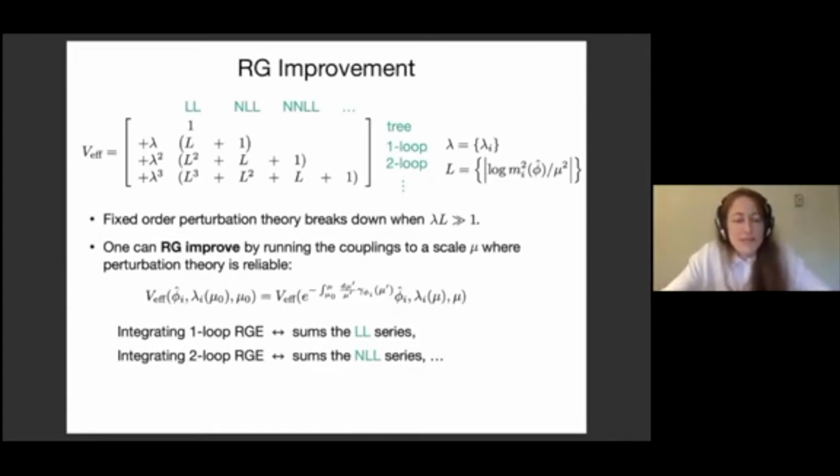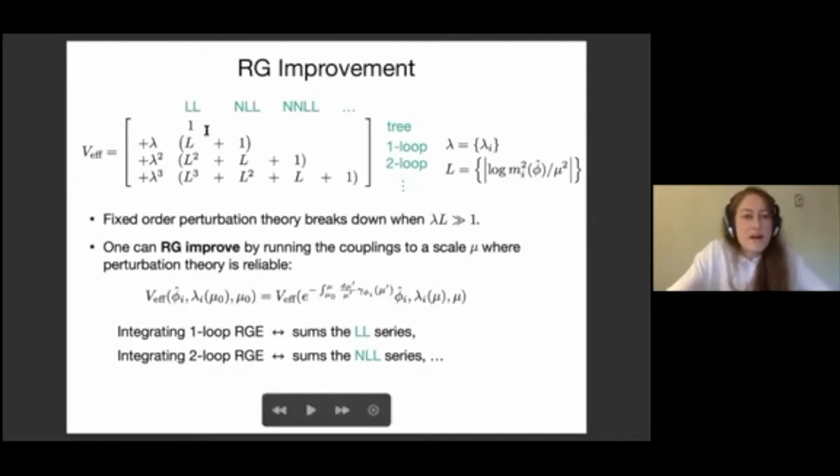And so then I have the standard result that if I integrate the one loop renormalization group equations, I can sum this leading log series. If I integrate the two loop RGE, I can sum the next to leading log series and so on.